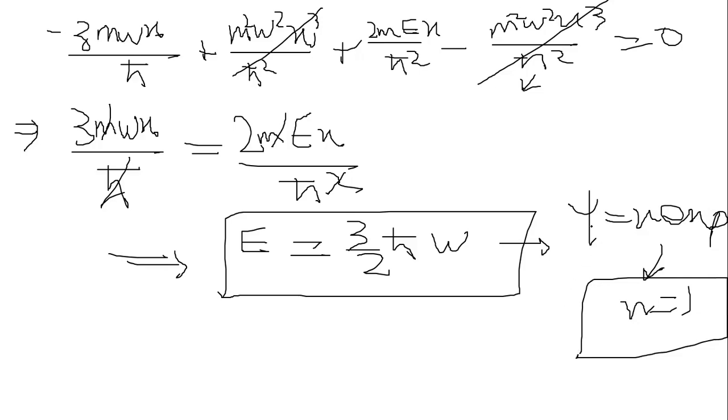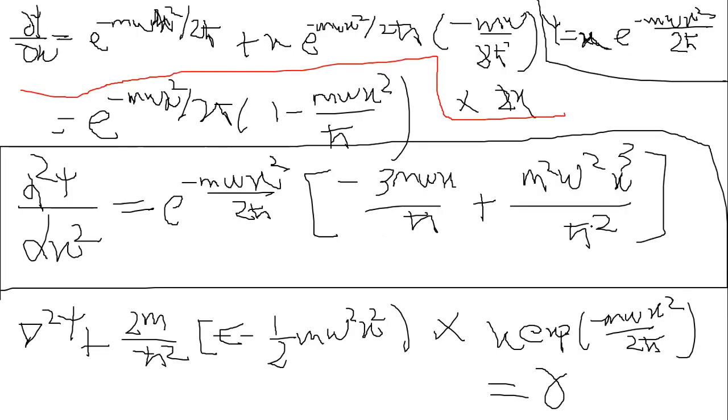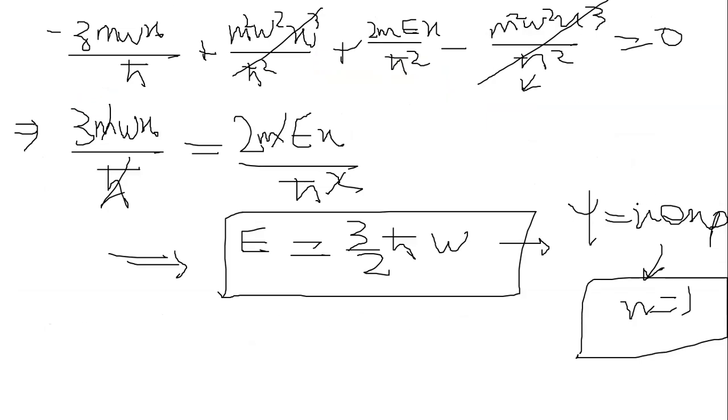when we solve the Schrodinger equation, the result will be a differential equation, and the solution of the differential equation will be of the form of a special polynomial, which is called the Hermite polynomial. For n equal to 1, this polynomial has the form like this.